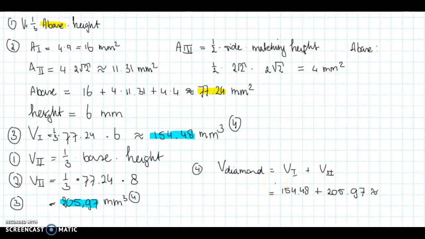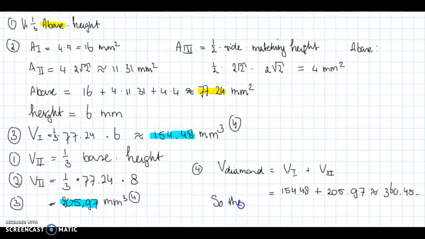And then we get approximately 360.45 and a lot more decimals. Then we should remember that they asked us to round it to 1 decimal place.